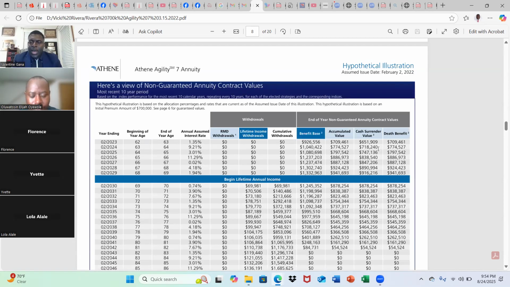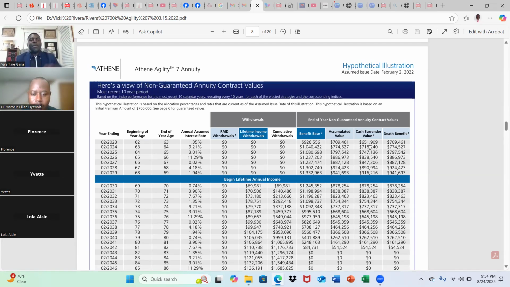An annuity also has a death benefit, which means if the person dies without them having been paid the money, the remainder is paid to the beneficiary. It has a cash surrender value, which means if you decide that you want to cash out your annuity, that's what they will pay you. Because you block the money for 7 years, it's supposed to stay in there and grow for 7 years.